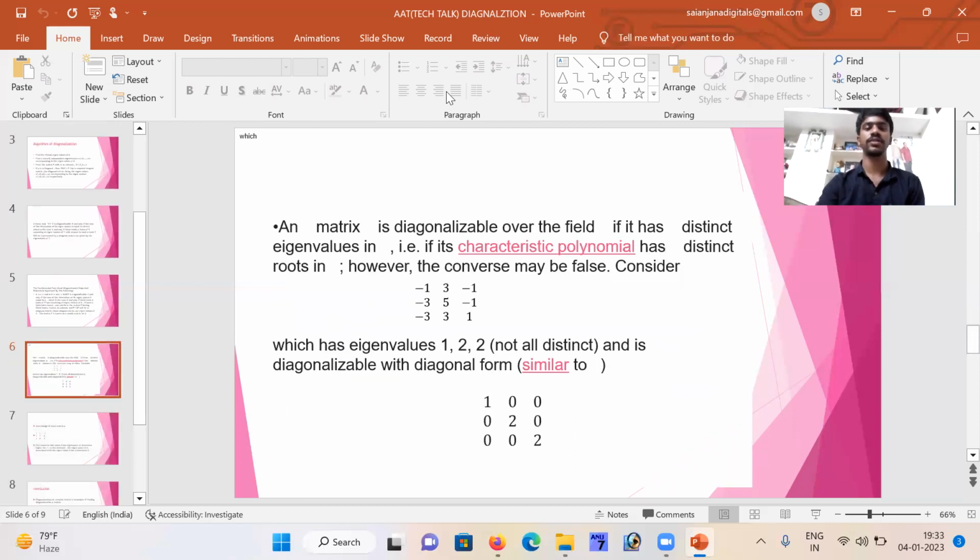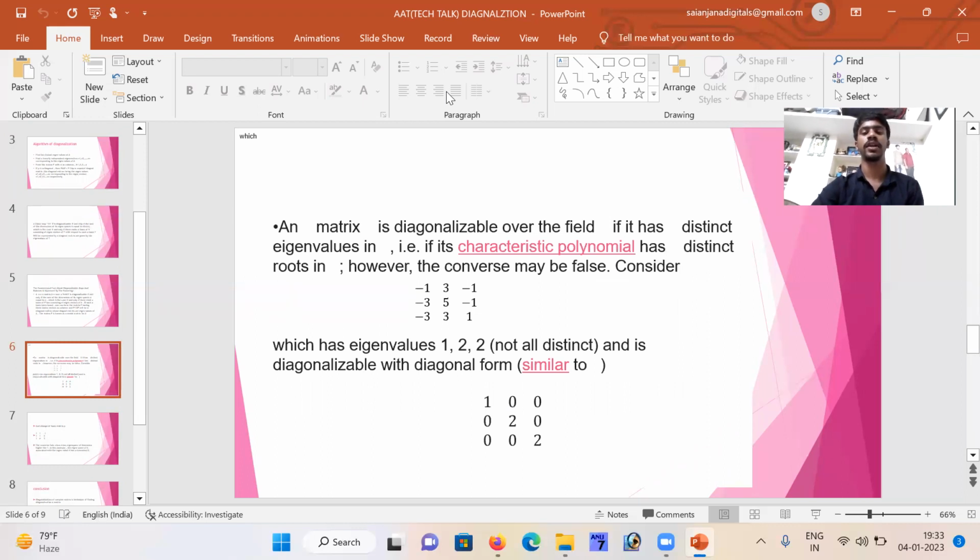A matrix is diagonalizable over the field if it has distinct eigenvalues, that is, if its characteristic polynomial has distinct roots in the field. However, the converse may be false.